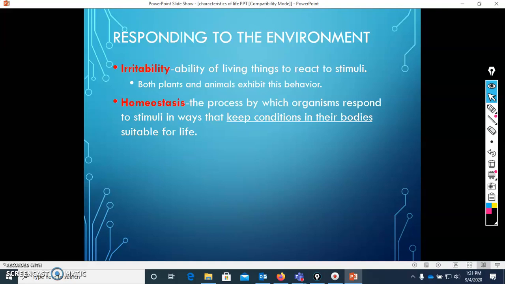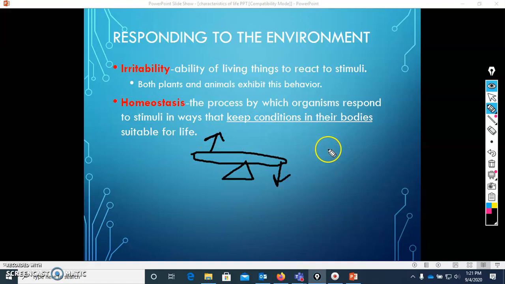Imagine it sort of like a balance beam, and you're putting weight on either side. If one side goes down and the other goes up, now we're all out of whack, okay? So now our balance beam is going to be more like this.